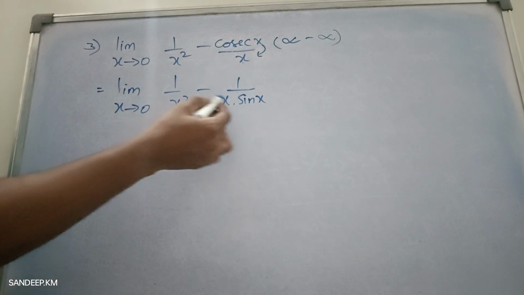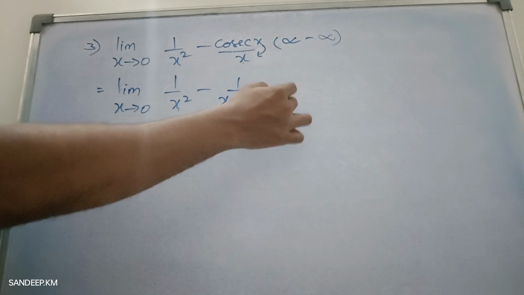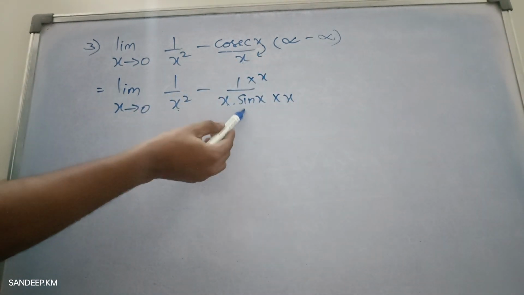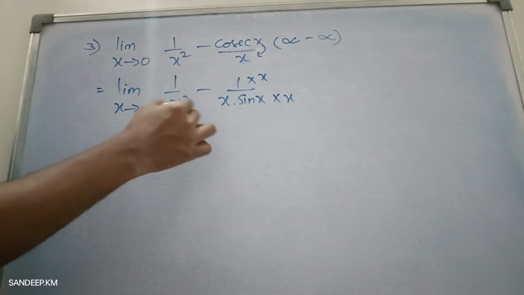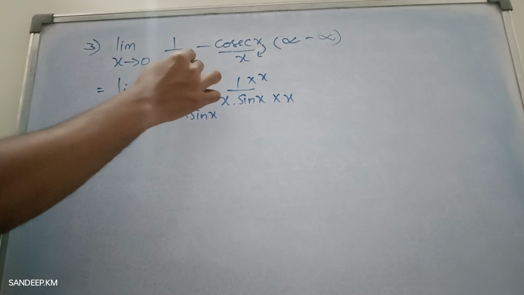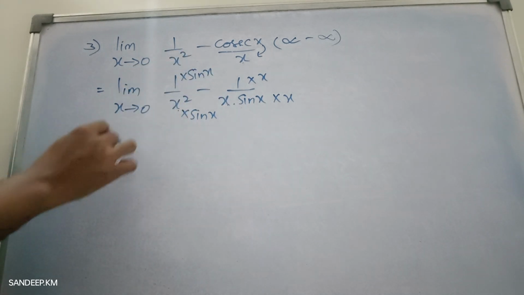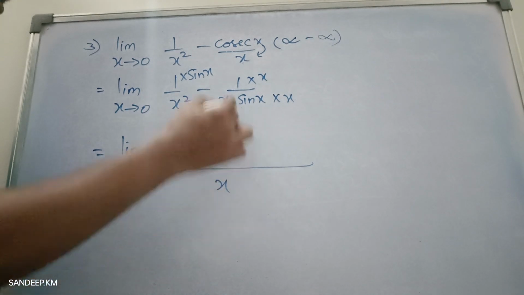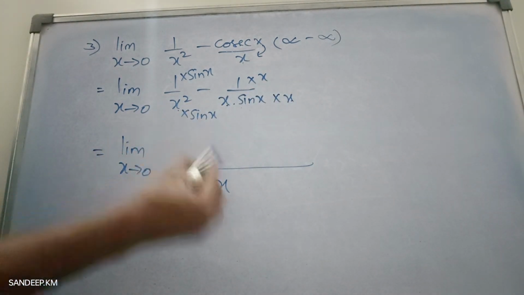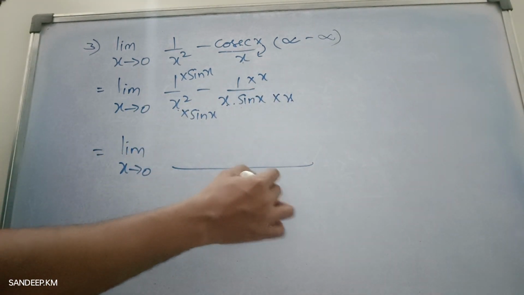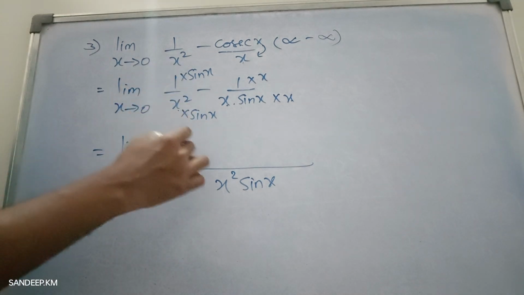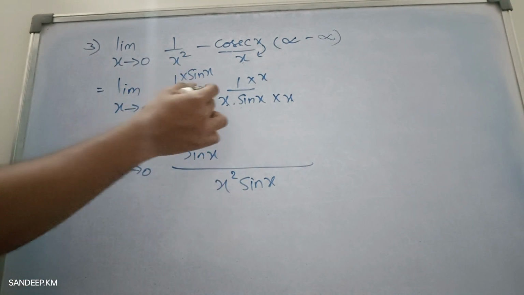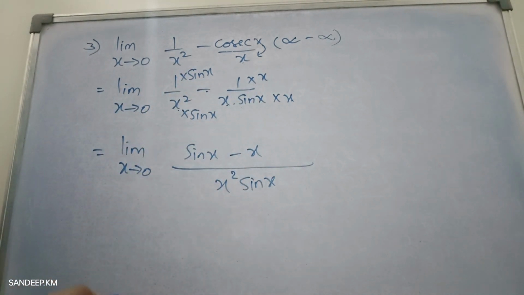Here x square is there, here also I want x square, so into x and into x. Here sin x is there, here also I want sin x. So limit x approaches 0, the common denominator is x square sin x and the numerator is sin x minus x.